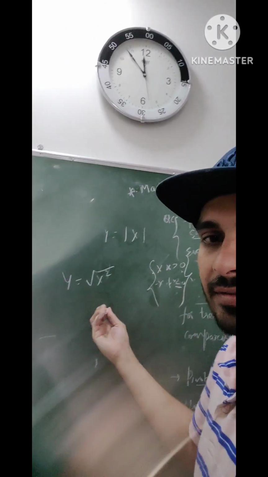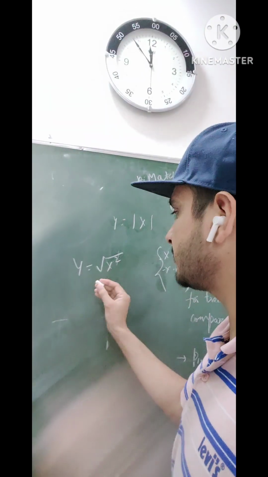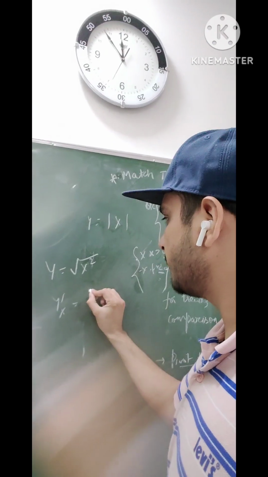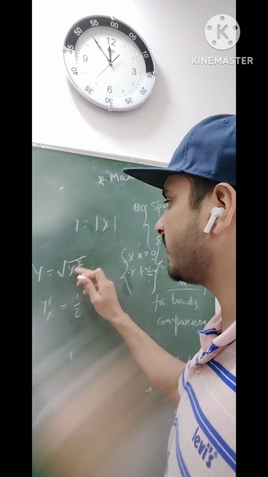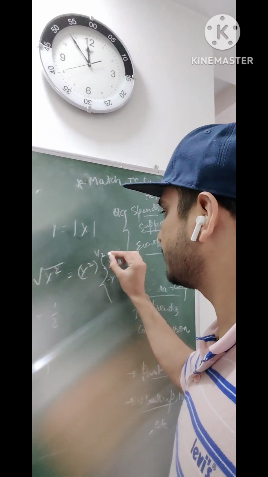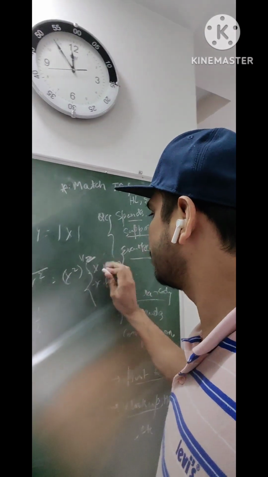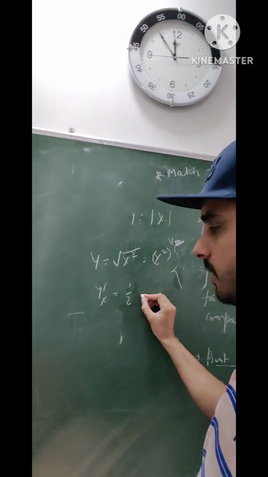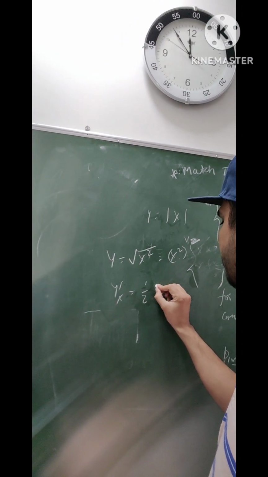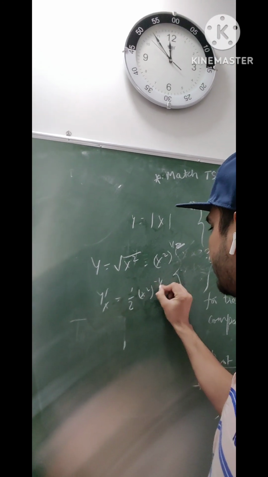Now we can derive this. We can use the standard way to calculate the derivative. So y dash with respect to x will be what? Basically 1/2, and the square root of x square is nothing but x square to the power half. So it will be half times x square to the power minus 1/2.